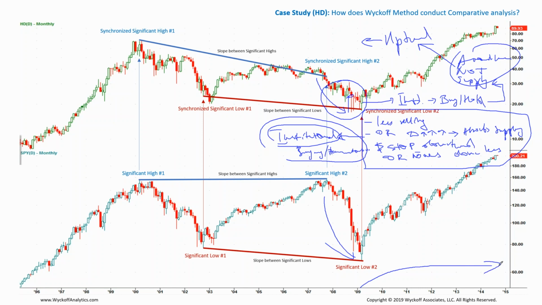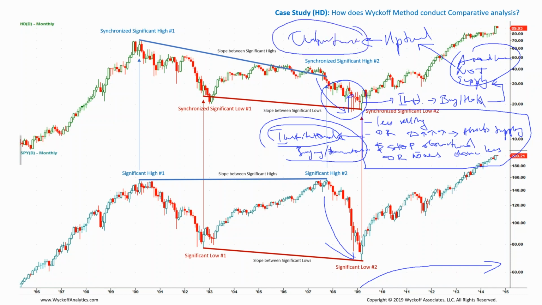We had a move in Home Depot even after 2014-15. So they're going to hold on to this stock for quite some time based on their business cycle expectations, based on how the news about the revenue for this company is going to come. So not only it's going to be an uptrend, it also could be an outperformer.